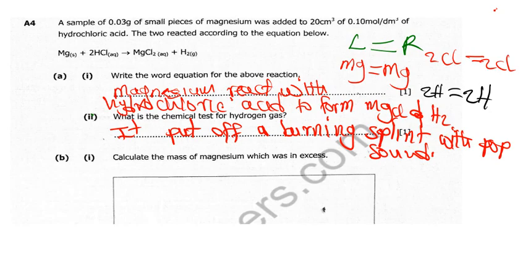We move on to B, which says calculate the mass of magnesium which was in excess. So before we start answering, you have to go back to our statement and analyze our data. From our statement, we've been given 0.03 gram of magnesium, then 20 cubic centimeter of hydrochloric acid, and also 0.10 concentration of hydrochloric acid. So let us analyze our data.